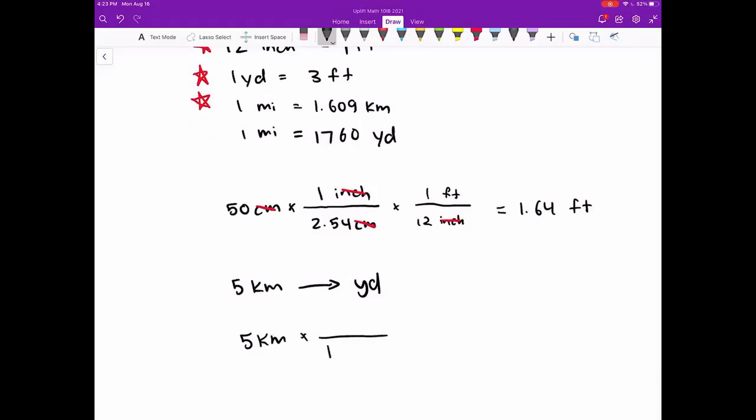Very nicely, 1.609 kilometers is equal to 1 mile. And then we have to convert the mile into yards. So 1 mile is equal to 1,760 yards. So again, if we do the unit analysis, we get roughly 5,469.2 yards.